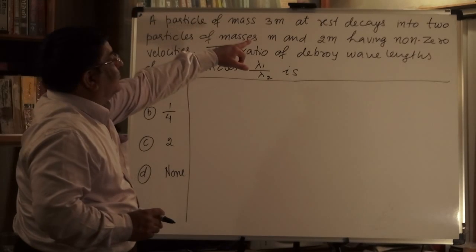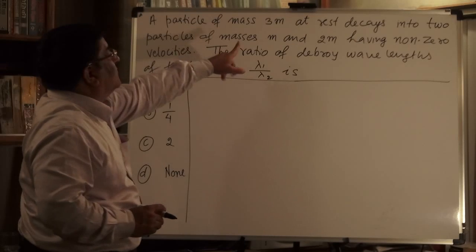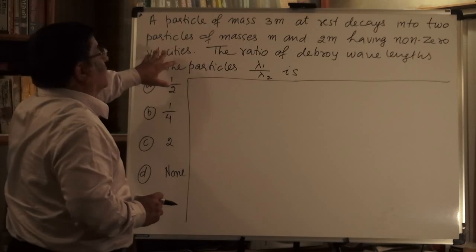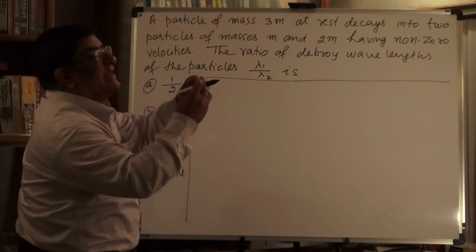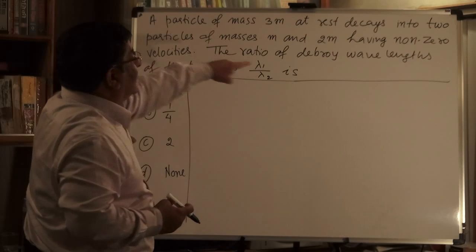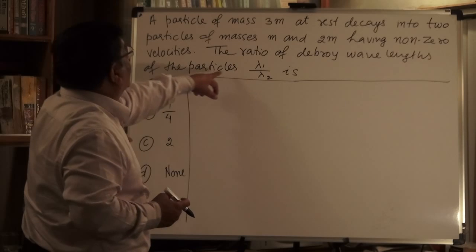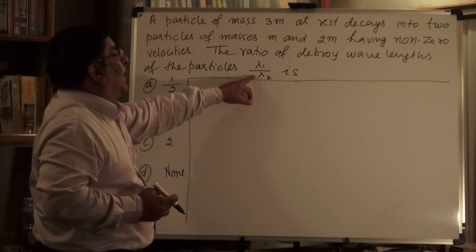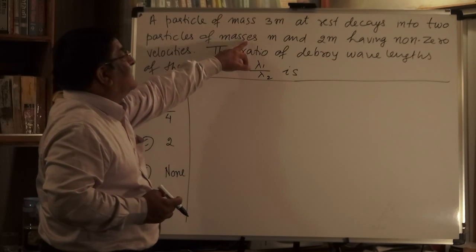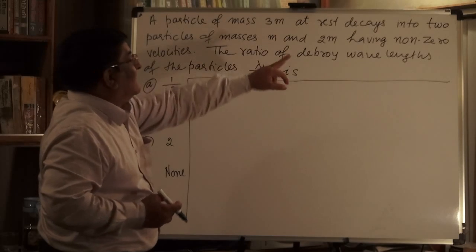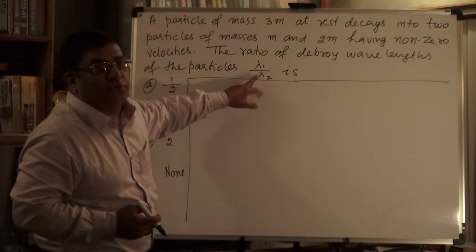A particle of mass 3m decays into two particles of mass m and 2m having non-zero velocities. That means they move. The ratio of de Broglie wavelength of particles, lambda 1 upon lambda 2. One has a wavelength lambda 1, the other has wavelength lambda 2.